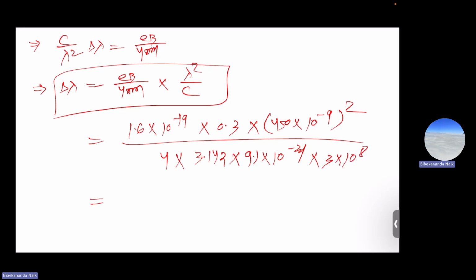So now if we solve it, it will come out to be 0.02865 angstrom.